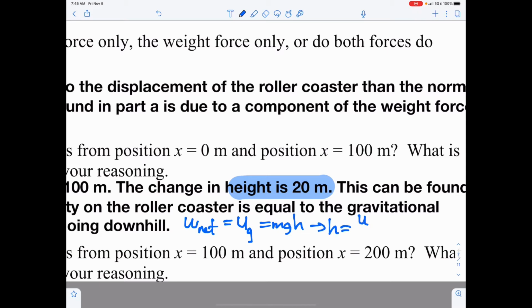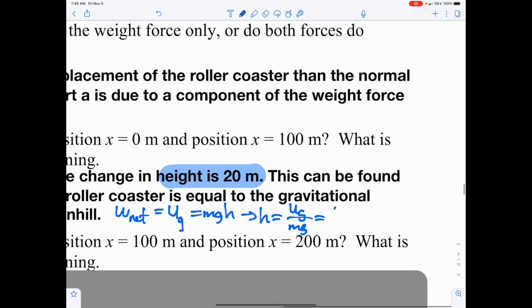So h is the gravitational potential energy divided by mg, which would be the 20,000 joules of work divided by 100 kilogram mass times 10, and you're knocking off 3 zeros. There you go, 20 meters.